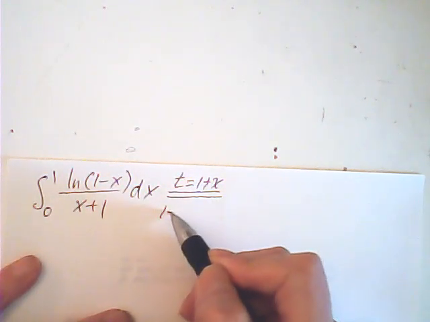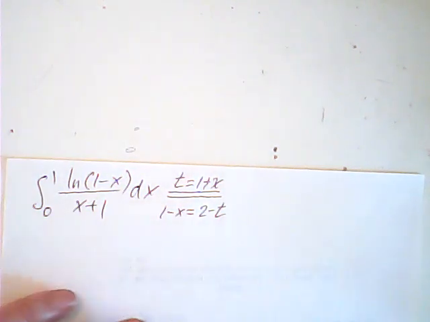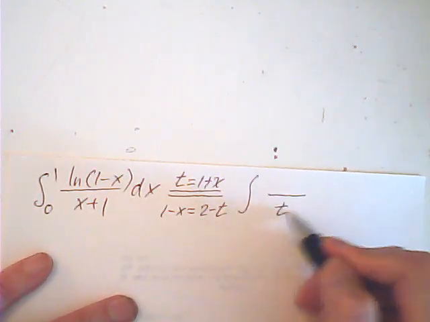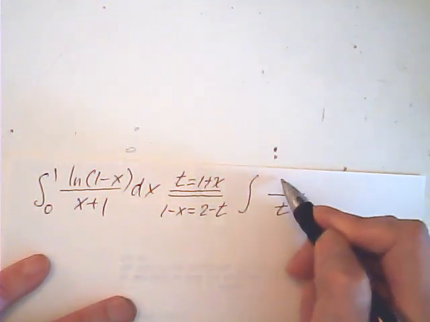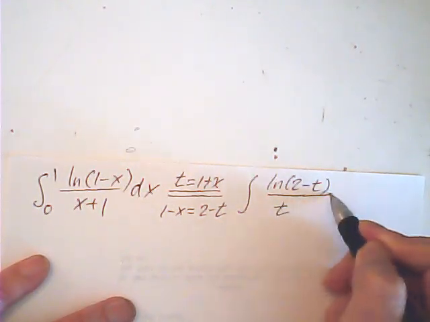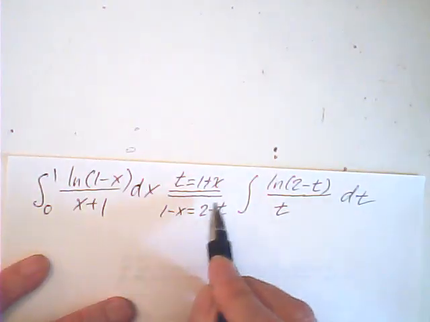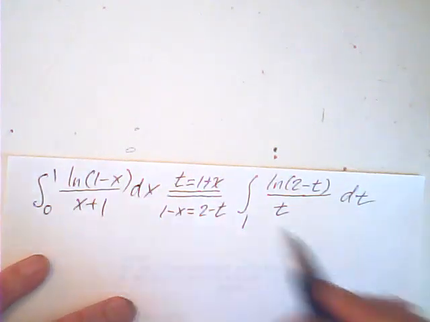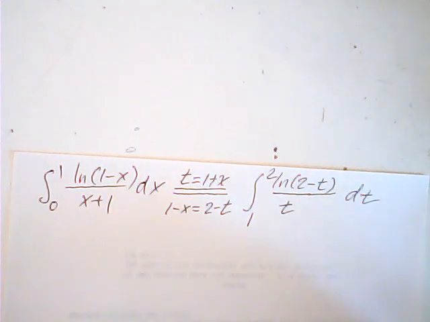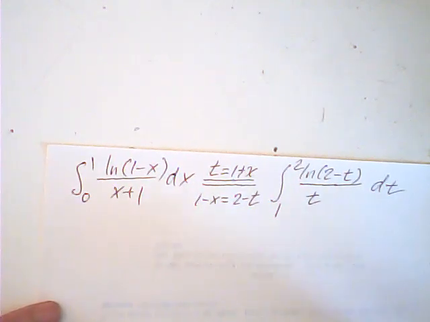Then 1 minus x is equal to 2 minus t. Okay, so my integral becomes t log 2 minus t dt, same dx and dt. When x equals 0, t is 1. When x equals 1, t is 2. Good.